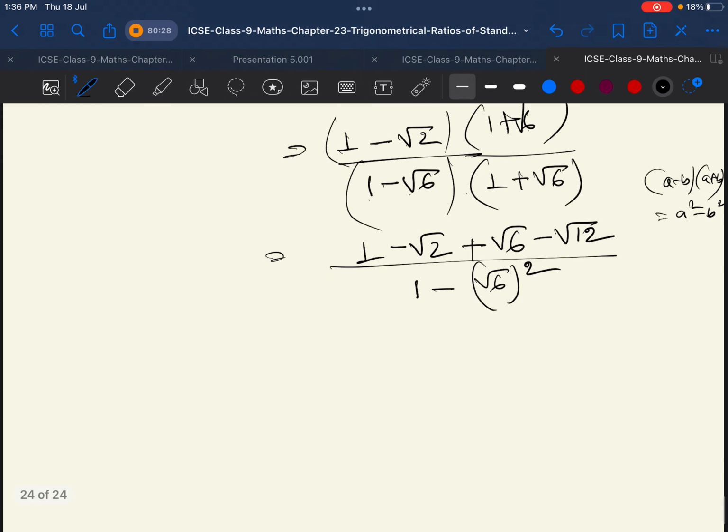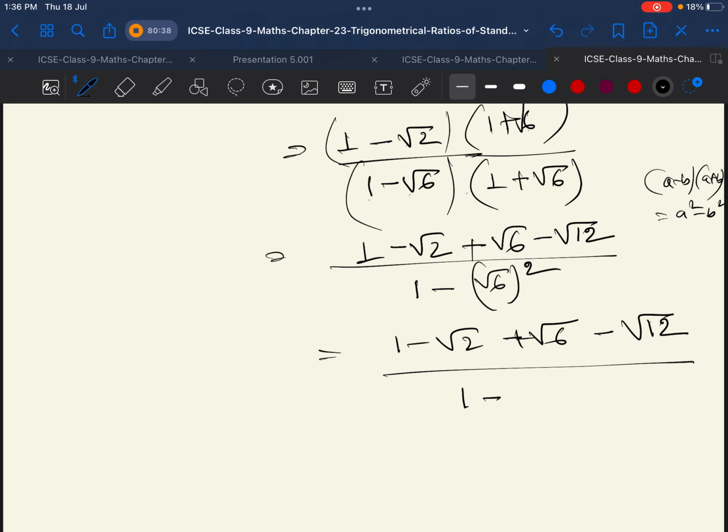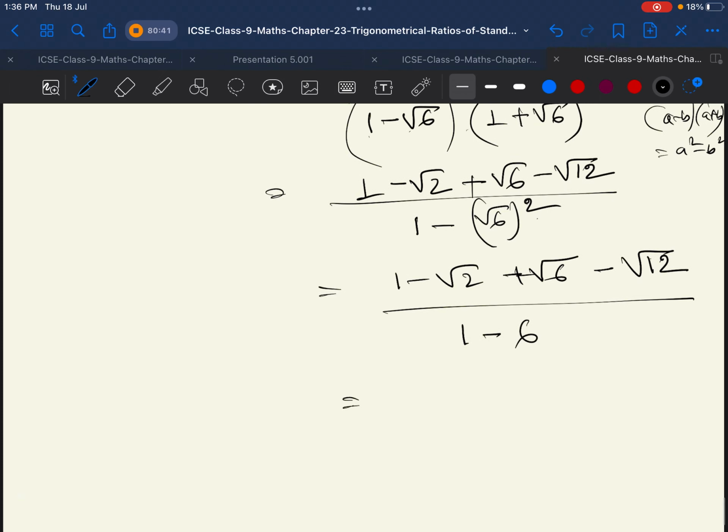Okay. So here we will get root 2 plus root 6 minus root 12 by 1 minus root 6 square, 6. So this will be 1 minus 6, which is minus 5.